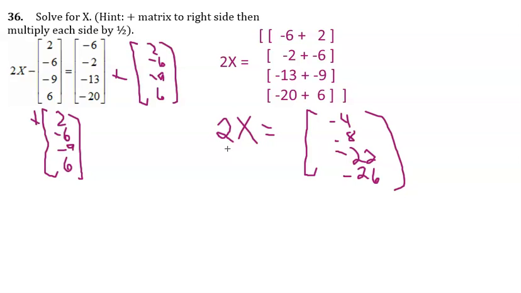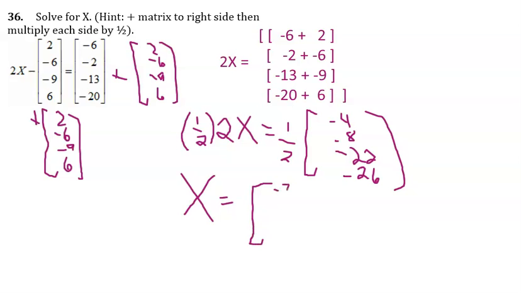To get rid of the coefficient 2, we'll multiply by the reciprocal, 1/2. When we multiply by a scalar, we do that to all the terms inside the matrix. So the matrix X equals negative 2, negative 4, negative 11, negative 13.